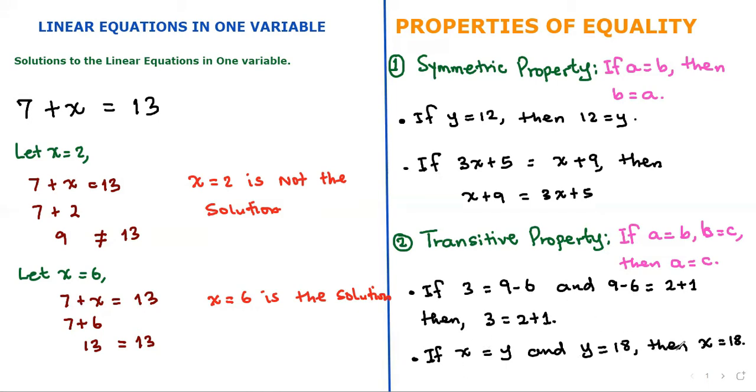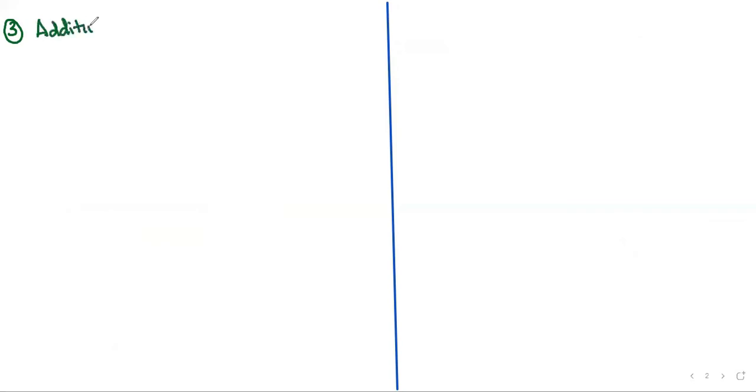Okay, let's look at property number 3. This one, let us call it the addition property.